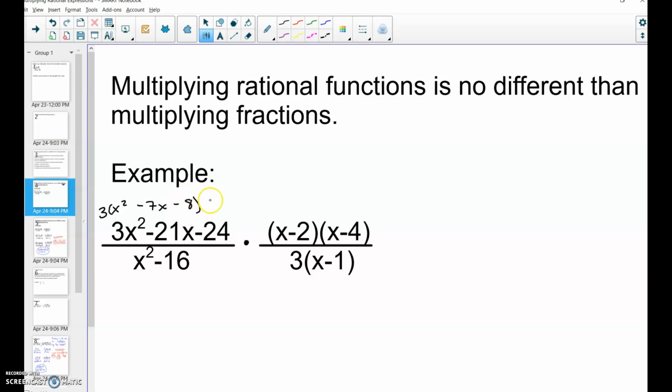I'm seeing what numbers multiply to negative 8 and add up to a negative 7. So this would be a negative 8 and a positive 1. That will add up to negative 7. So my factors would be 3, x minus 8, x plus 1. So that's everything in factored form. Then my denominator here is a difference of perfect squares, so I can take the square root of the first, square root of the second.